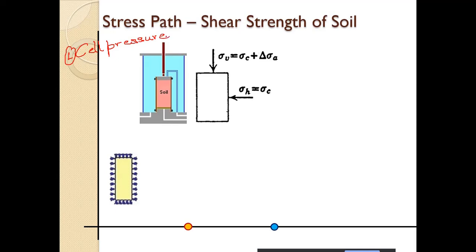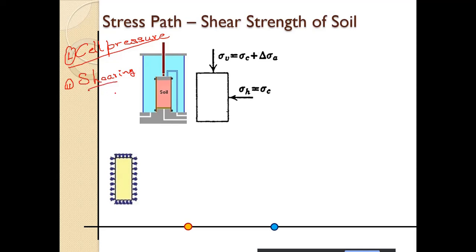Once we have attained the requisite condition of consolidation or effective stress state, then we go for shearing. That is step 2, shearing.